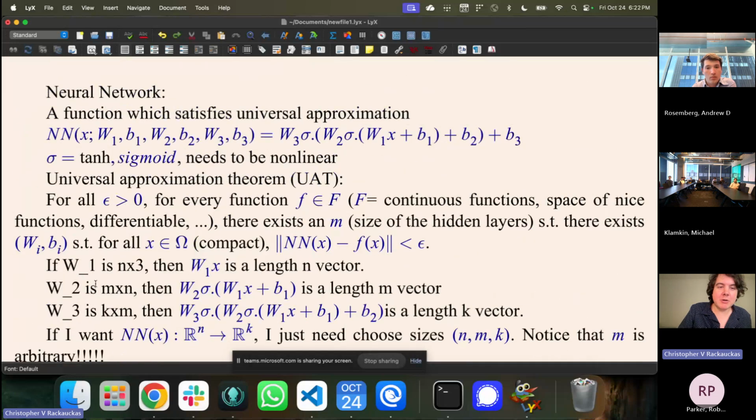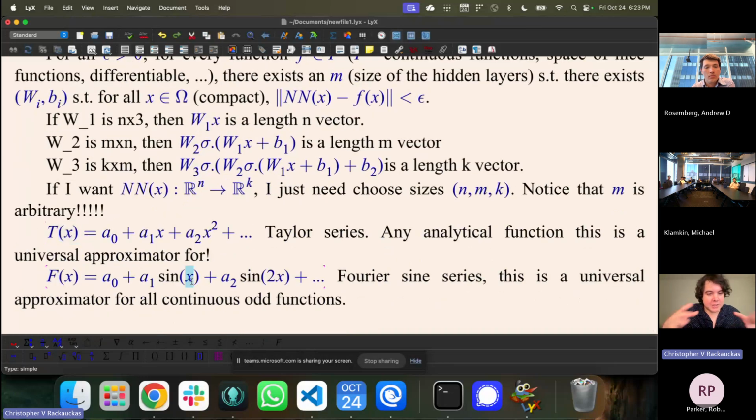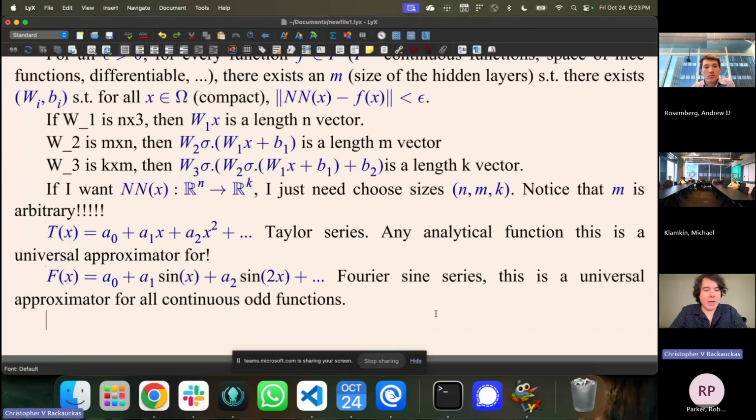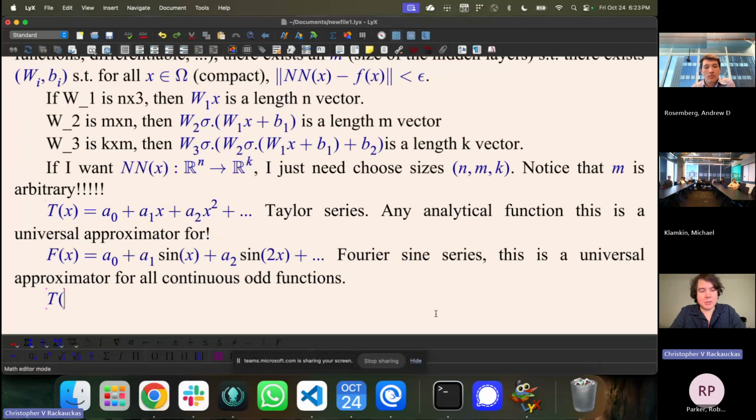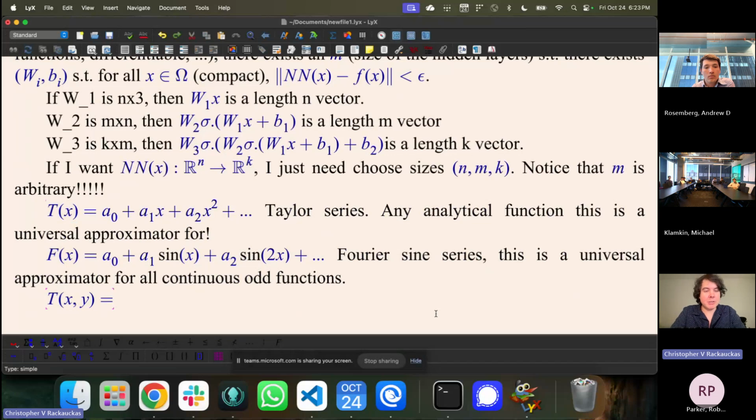So why is this universal approximator interesting, right? Well, the reason why is that these that I wrote right here are one-dimensional, right? I'm implicitly saying x is a scalar. So what happens if I have, say, for example, a Taylor series of x and y, right? Well, you can write down a Taylor series in 2 dimensions. You've probably done this in your analysis course.